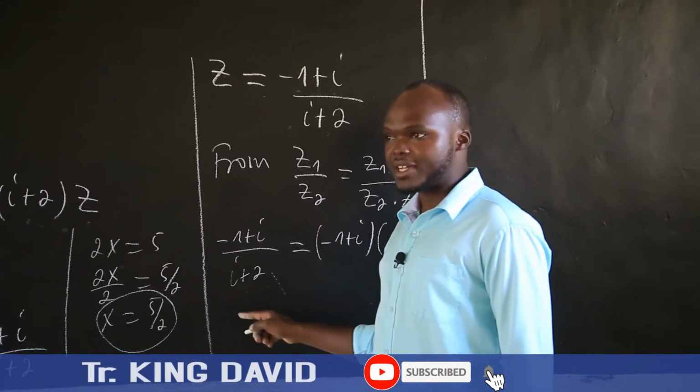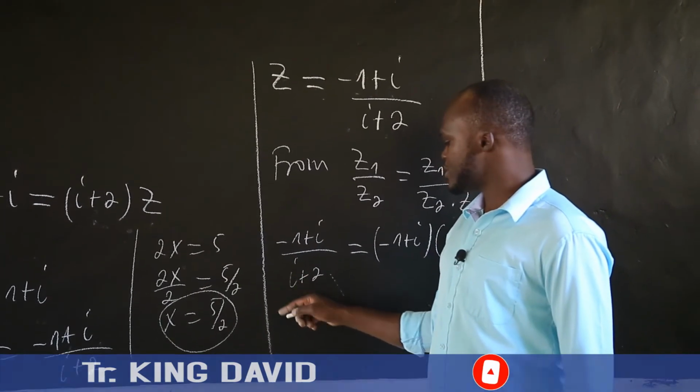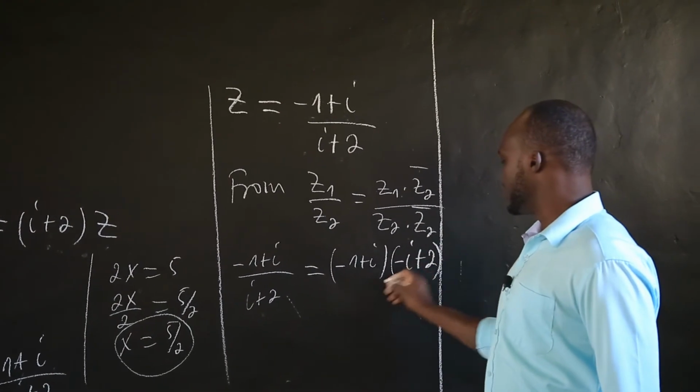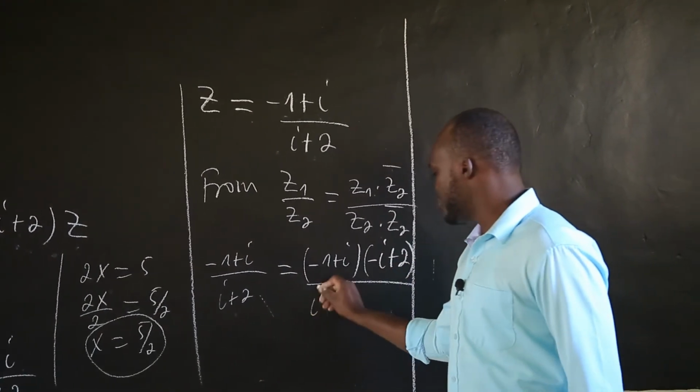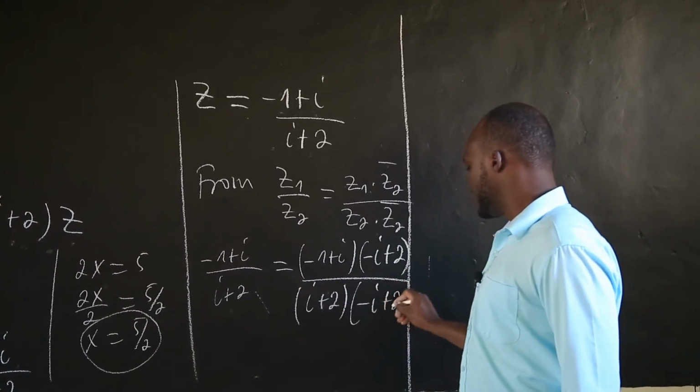Remember, the conjugate of a complex number affects the imaginary part, so the positive imaginary part becomes negative: negative I plus 2 over I plus 2 into bracket negative I plus 2.